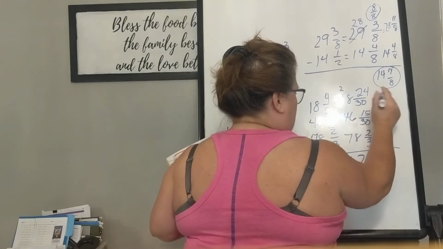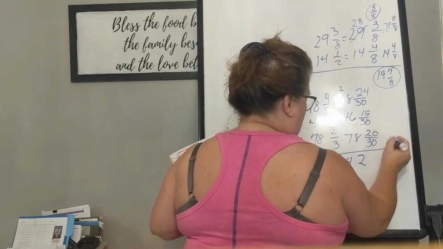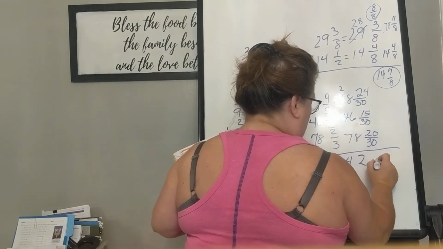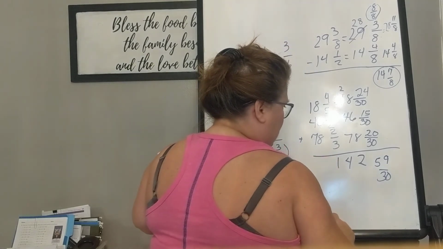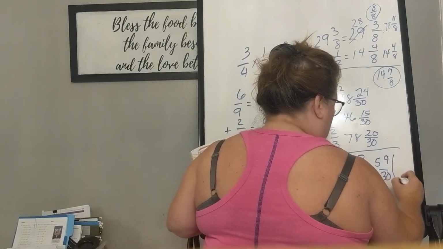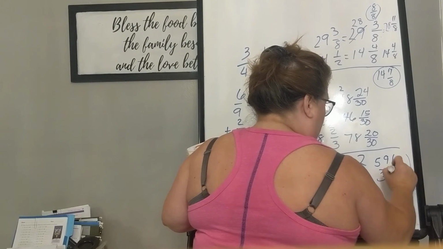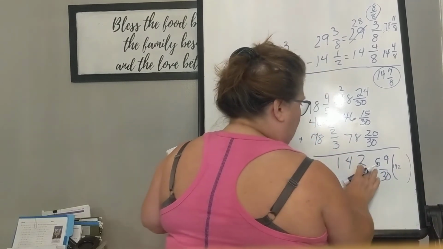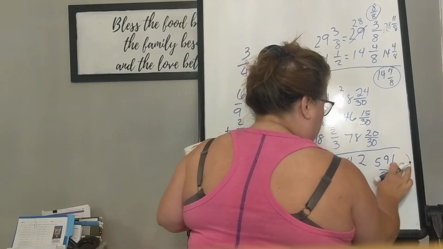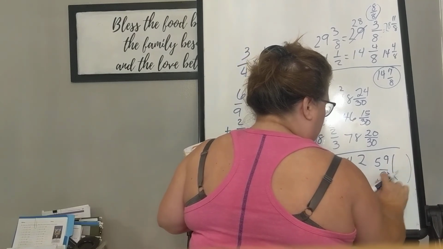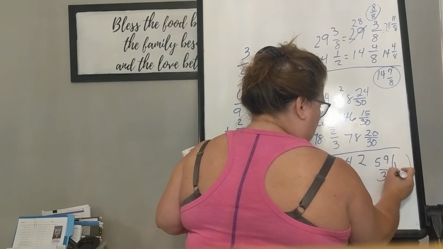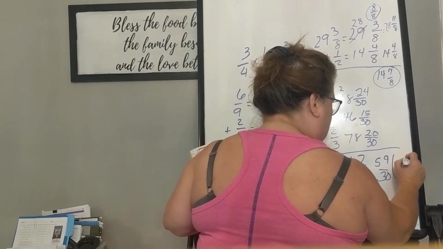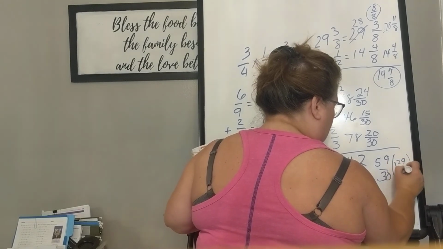24 plus 15, 5 and 4 is 9, plus 0. So that'll be 9. 2 and 1 is 3, plus 2 is 5. So we have 142 and 59 thirtieths. We have an improper fraction there. So our whole number is 142. 30 will go into 59 one time. 1 times 30 is 30, and 59 minus 30, 9 minus 0 is 9, 5 minus 3 is 2.